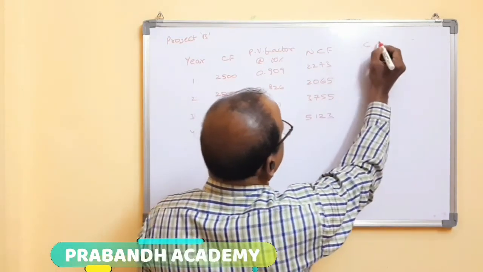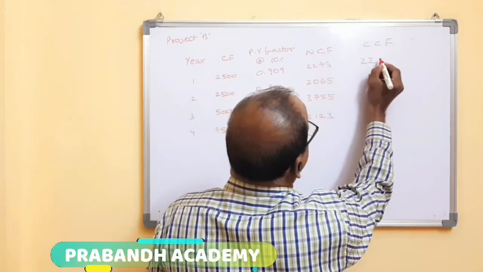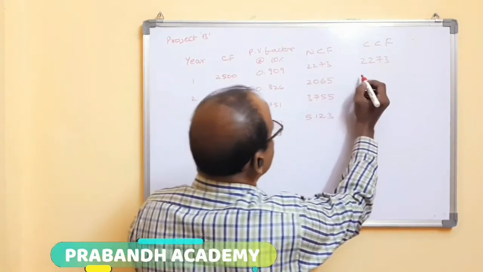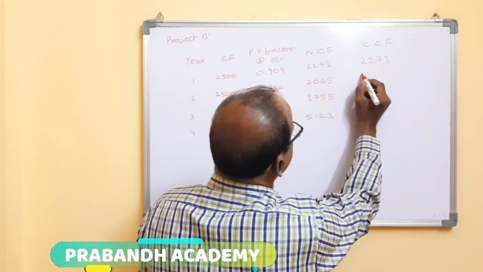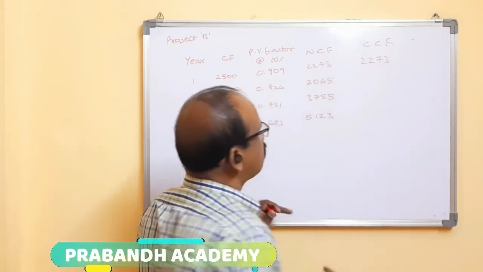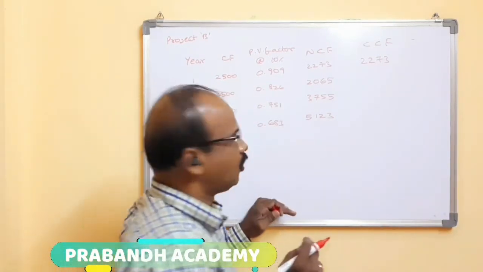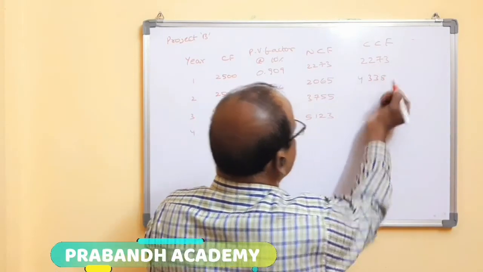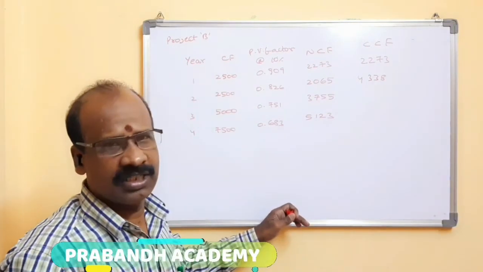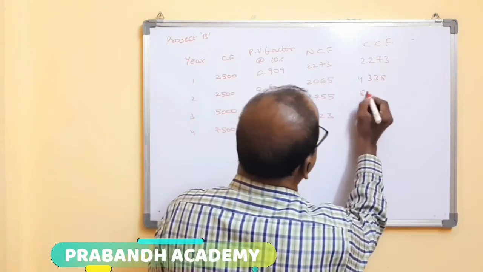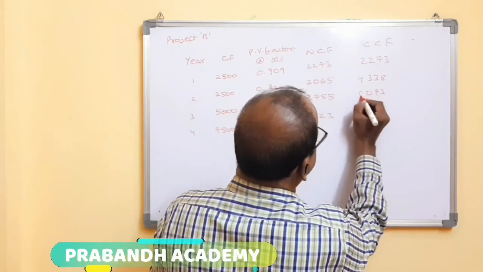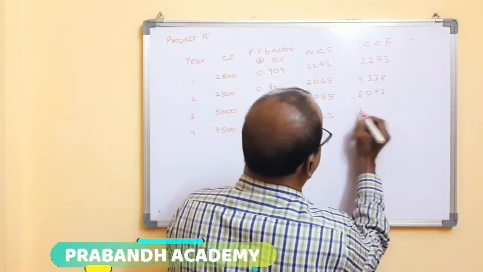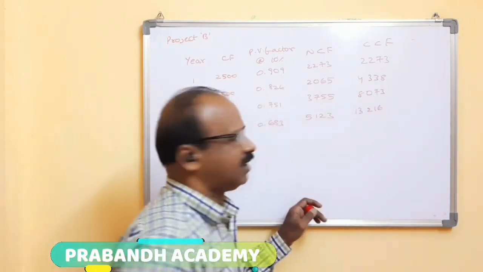Now we calculate cumulative cash flows. 2,273 plus 2,065, we get 4,338. 4,338 plus 3,755, we get 8,073. 8,073 plus 5,123, we get 13,216.